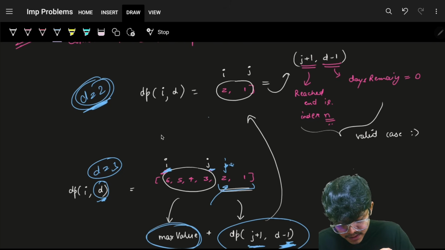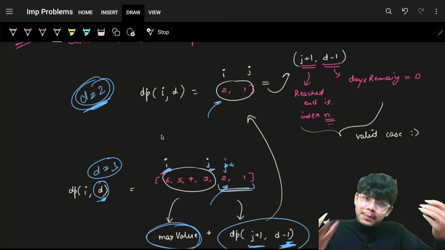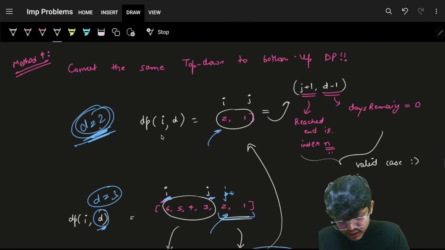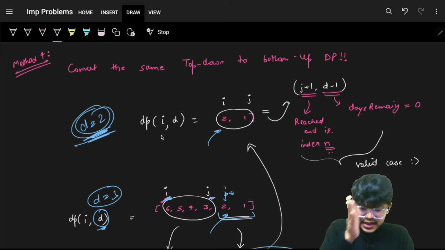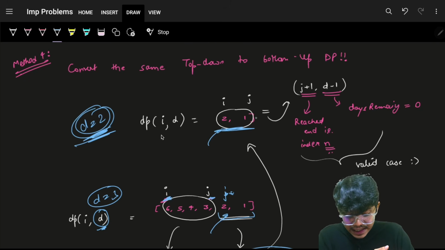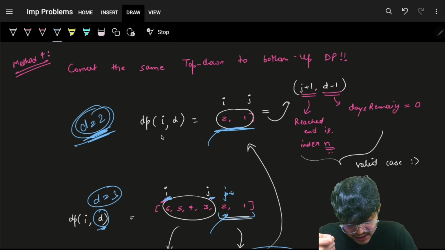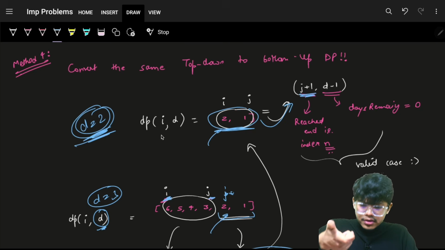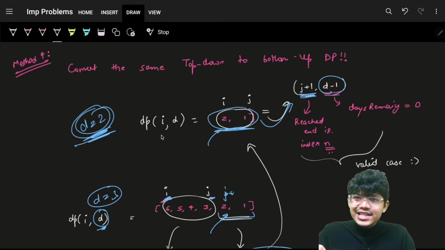So again, I can go and try for multiple values for this entire state of d. With the reduced d, you will try for, let's say, i to j this value. Ultimately it will say, go and ask for the reduced d value starting from this index, which is j plus 1. So again, when it is done, it will go and ask for the reduced value of d with the increased j value.